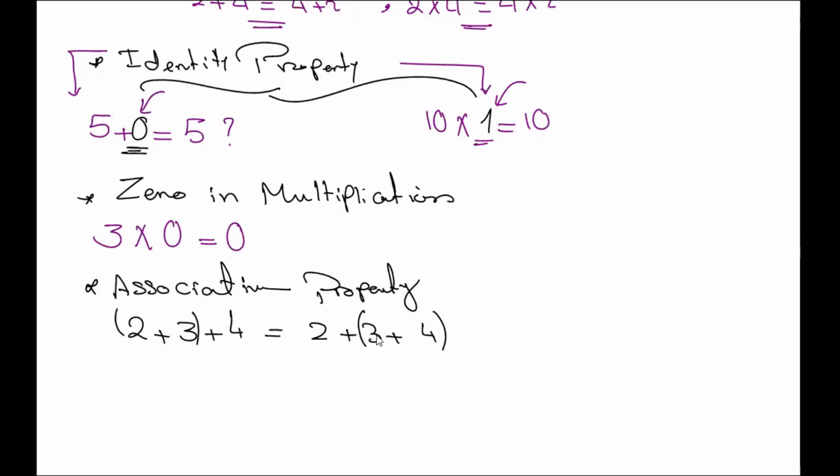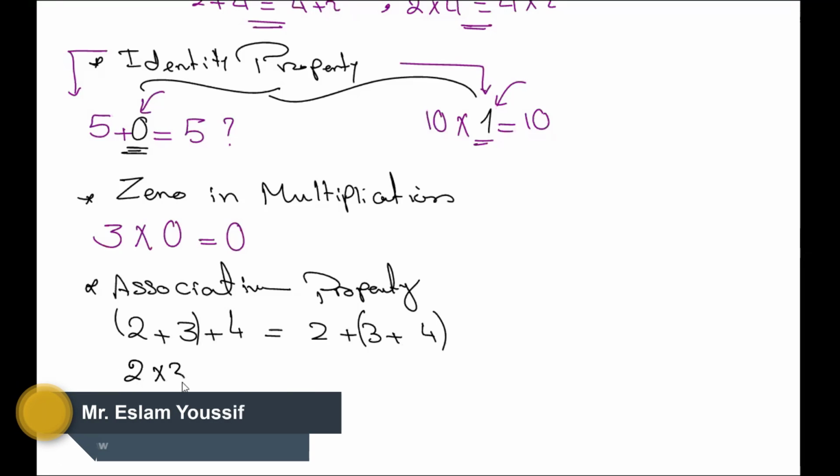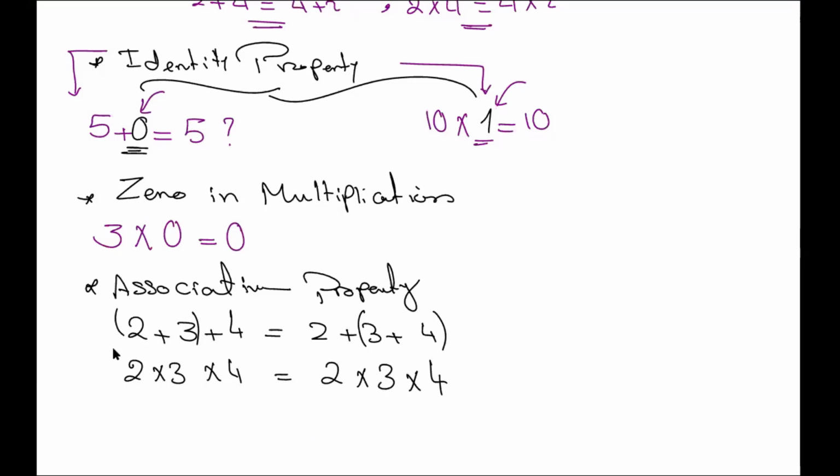This will be the same for multiplication. If you have 2 times 3 times 4, the only difference is that the numbers inside the brackets are different.